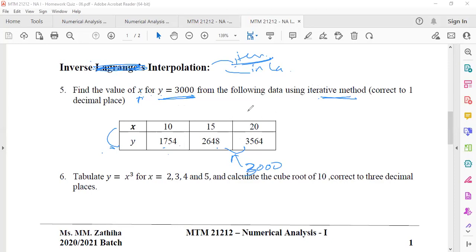But before that, we have to create what? From this data, first of all, go to the iterative method. First of all, you use the Newton-Gregory forward formula to formulate it. They didn't give you anything, they just gave you some data. Using this data, you know how to create the interpolation polynomial of the Newton-Gregory forward formula.